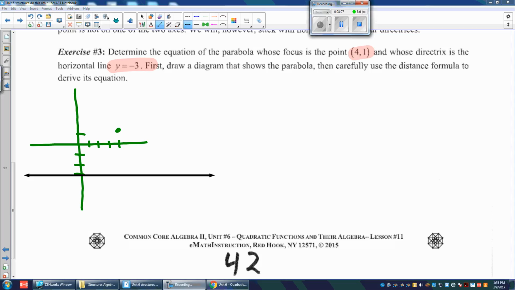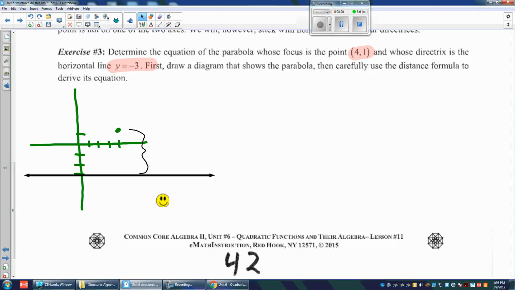Now again, remember that this distance, the midpoint of that is going to be the turning point. So how far is that? We have 1, 2, 3, 4.